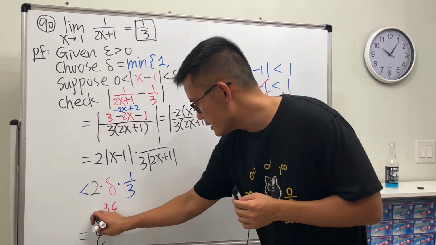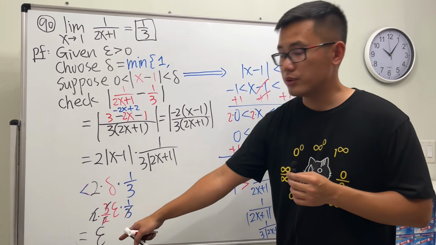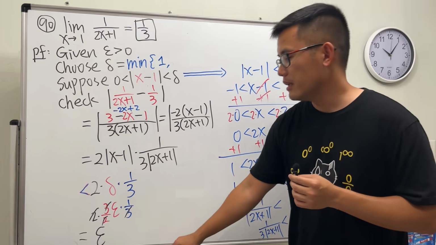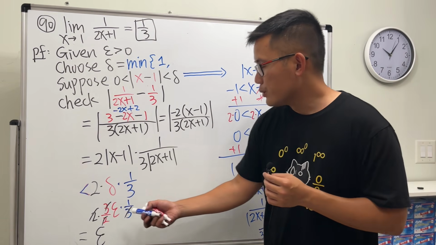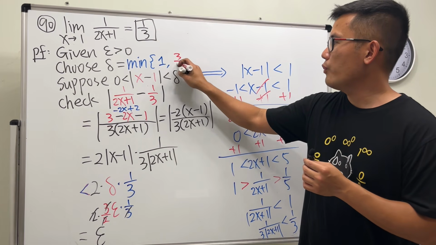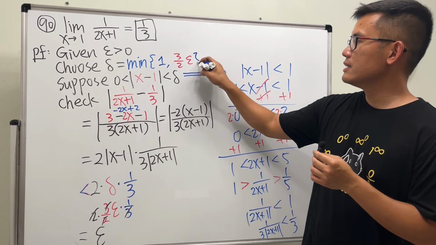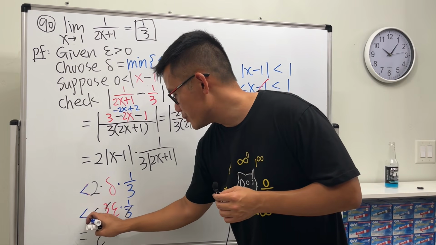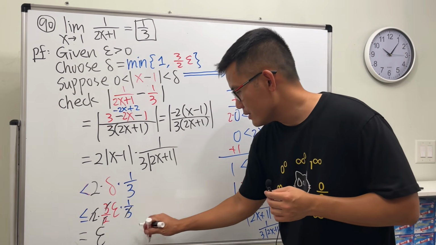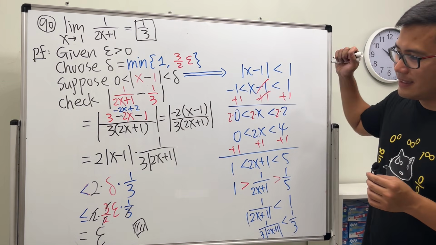And when we have that, we can see 2 and 2 cancel, 3 and 3 cancel, and we'll just end up with epsilon. And delta is equal to that, so we will come here and put down 3 over 2 epsilon, and then let's close this.